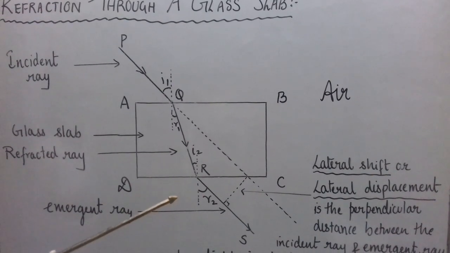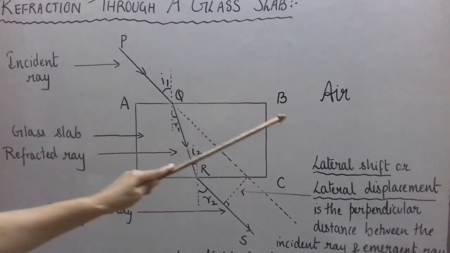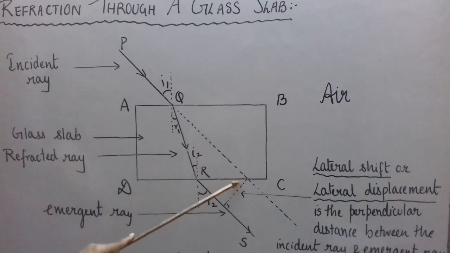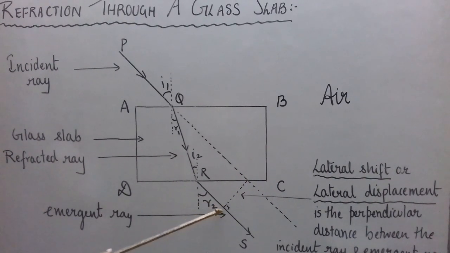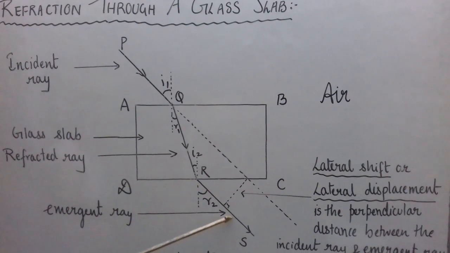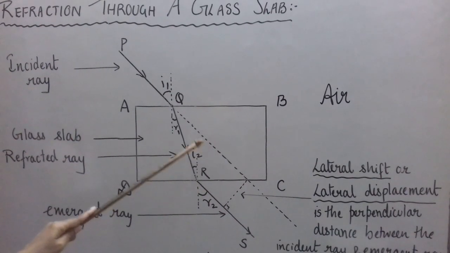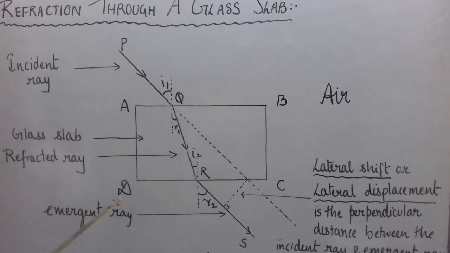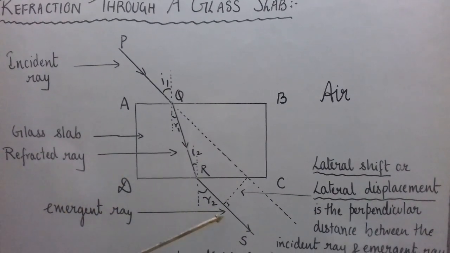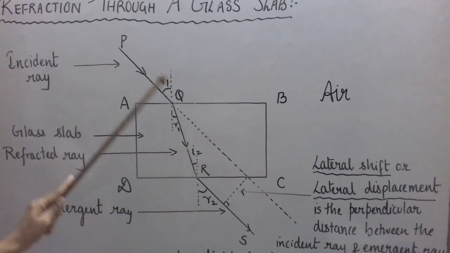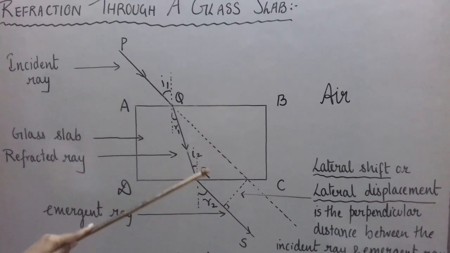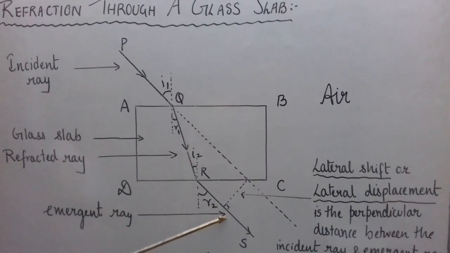Now we see this dotted line: this is the perpendicular distance between the refracted ray and incident ray. I have told you that through experiment we can prove that the emergent ray and the incident ray through the glass slab are always parallel.